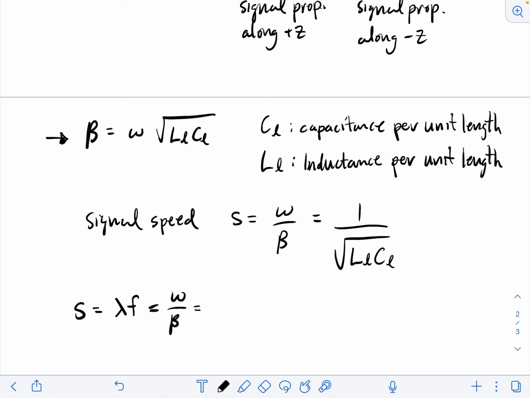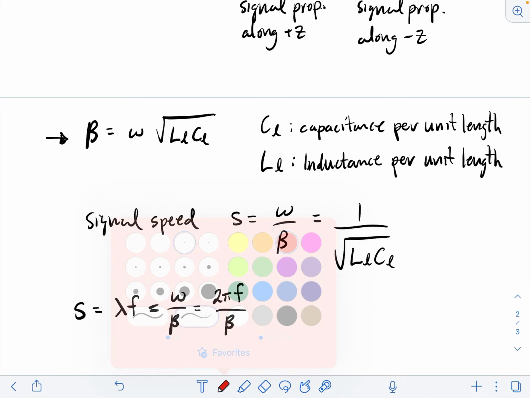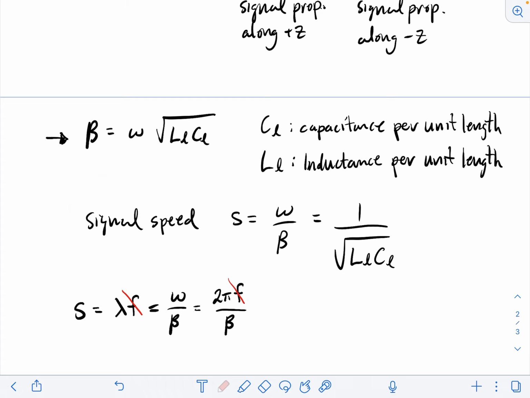But omega is the angular frequency, 2 pi times f, divided by beta. If we cancel the f, we can solve for beta, and we find that beta is equal to 2 pi over lambda.